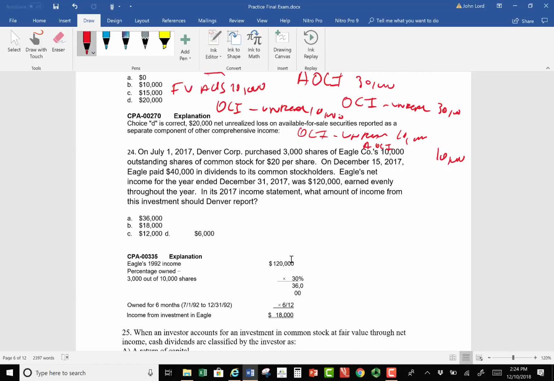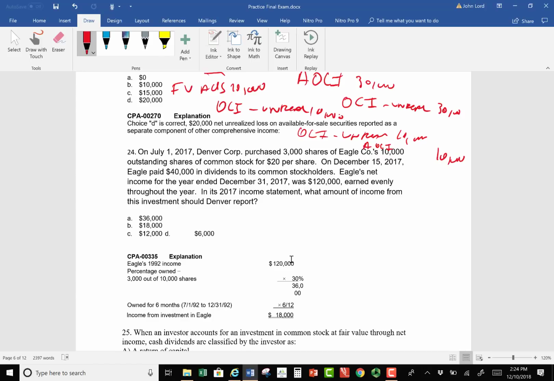I will never give you a question where it's 21%. It's 19.99%. I'm going to put you well into the equity method if I want you to use the equity method, or well back into the fair value through net income method if that's what I want. So we're solidly in the equity method.